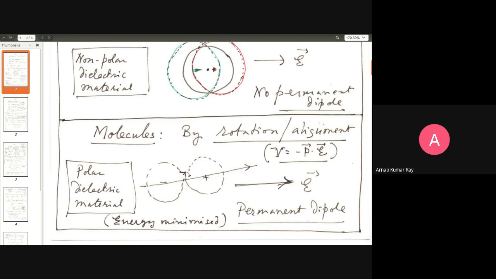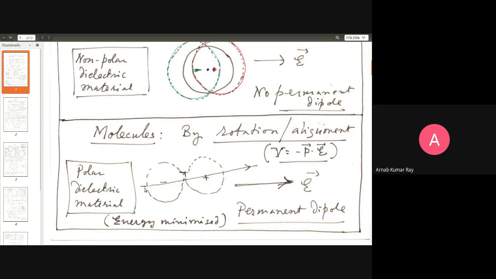Now, as soon as you apply an electric field, let us say an electric field coming from the left to the right, what will it do? Once again, it will tend to push the positive charges forward and the negative charges backward. You have one such electric dipole, an already permanent electric dipole.